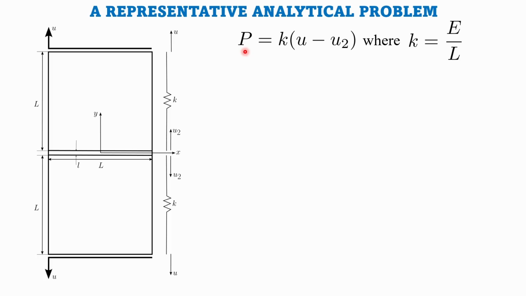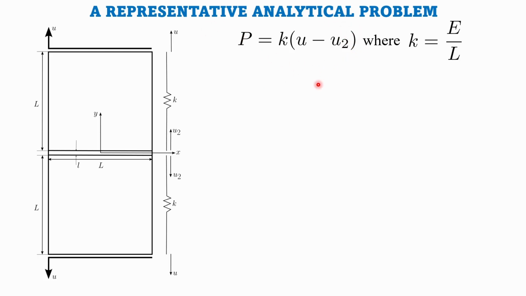Now we can write the spring equation, P equals K into (u minus u2). For this spring it will be this, and for the other spring also, of course, because they point in two anti-parallel directions, where K is E by L. Again, from one-dimensional constraints, we can derive K as E by L. Now, what is the unknown?